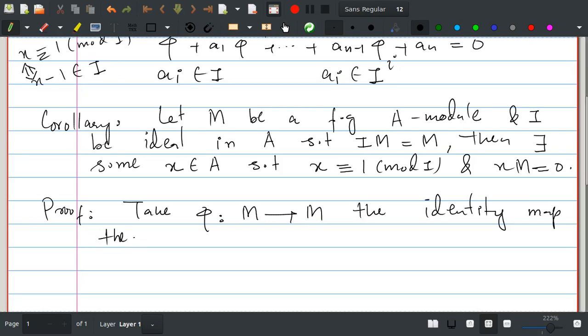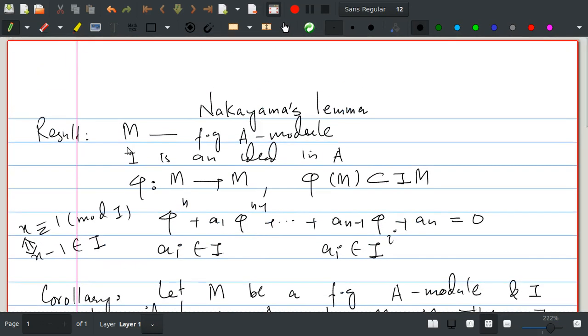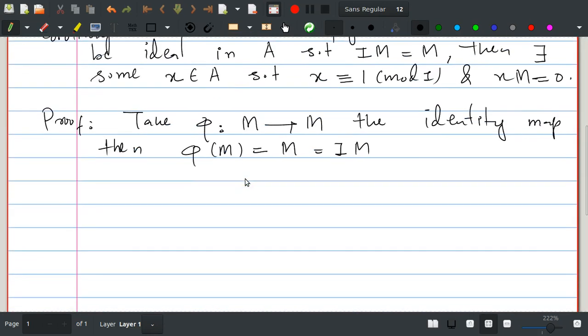Then phi of M is actually M, which is equal to IM. So this phi satisfies the hypothesis of this result.